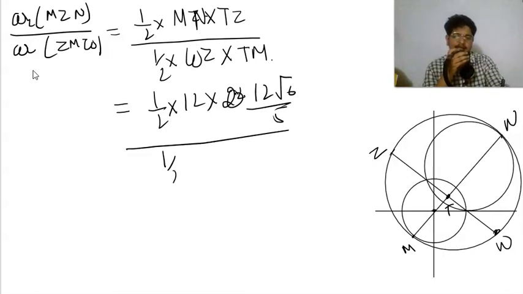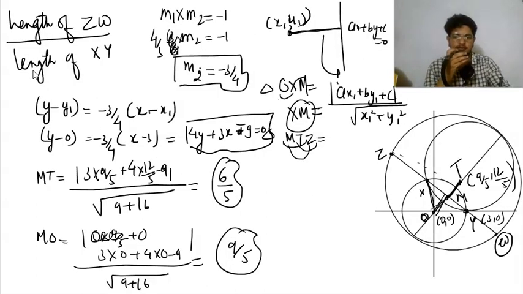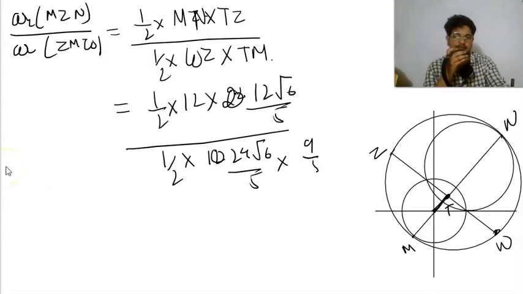And in the denominator, wz. Wz is this distance, so we write 24 root 6 by 5 into this distance we know. From this perpendicular distance formula we already found this distance as 9 by 5. So we write 9 by 5 plus 3, which is the radius of circle c1.